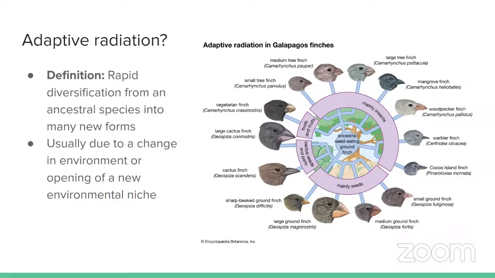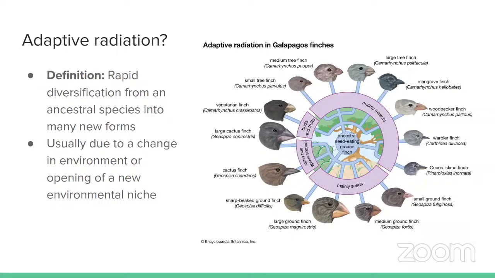So here's a term we want to know when we think about these kinds of explosions or sudden spreads of new and varied types of organisms, the sudden appearance of diversity. So we often think about this concept of adaptive radiation.